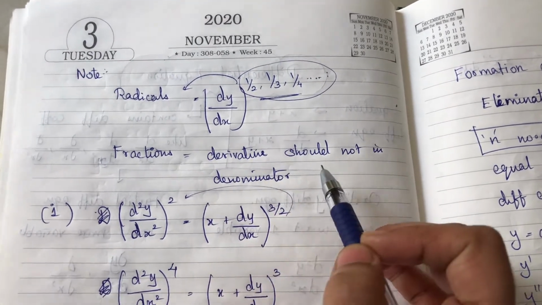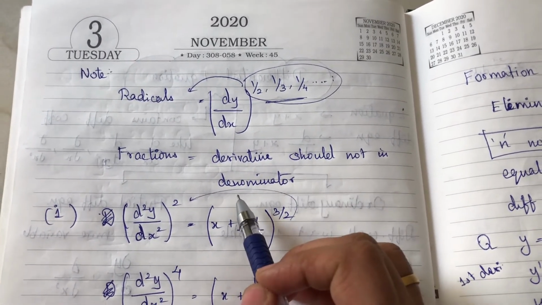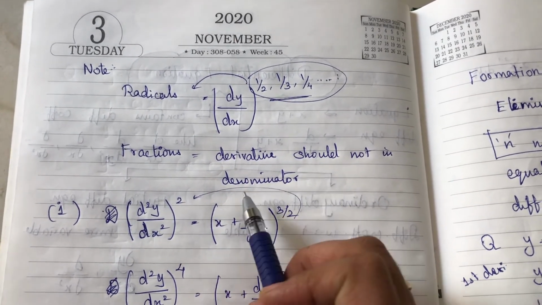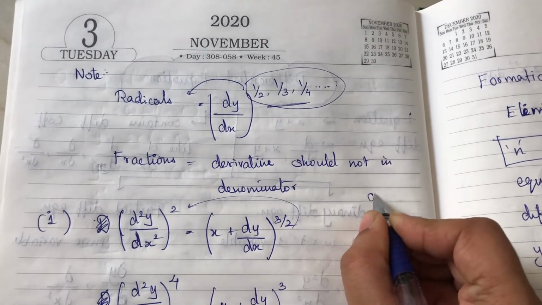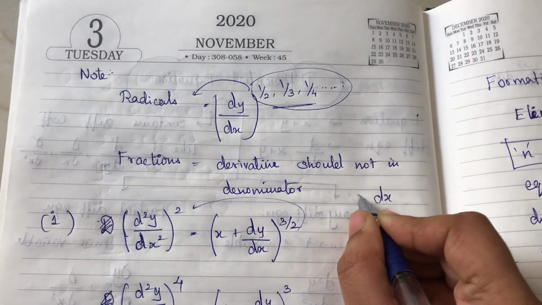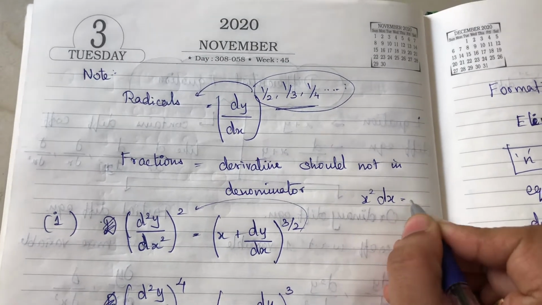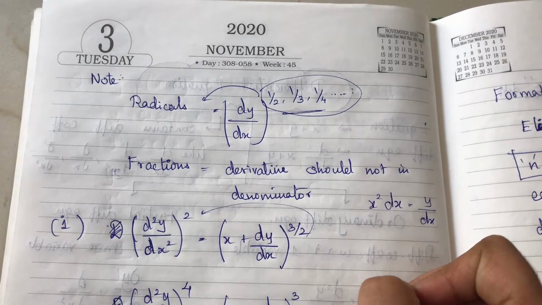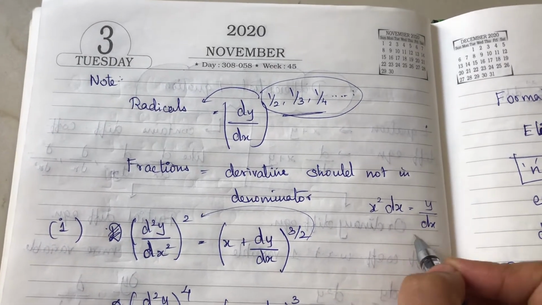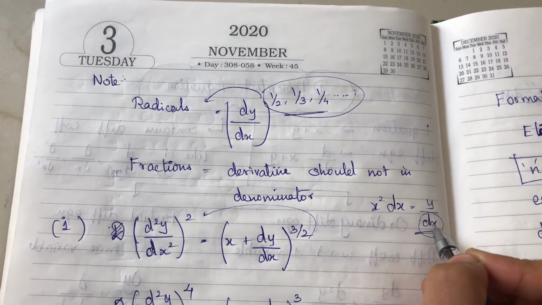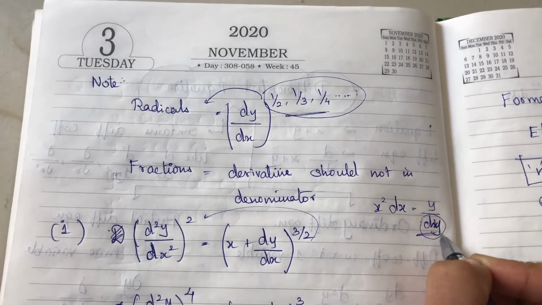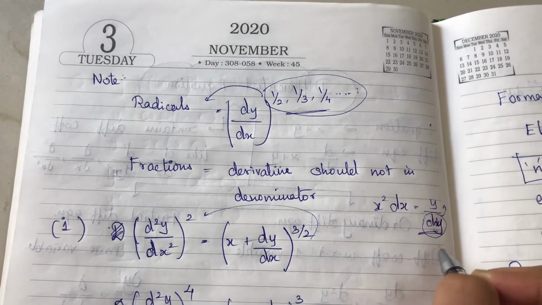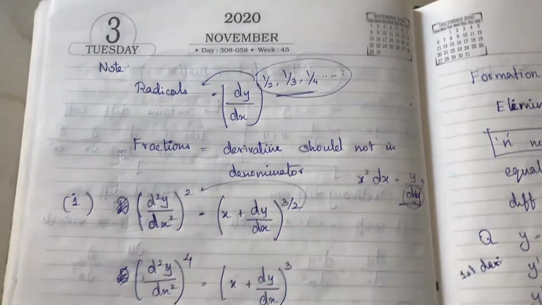Fractions means the derivative should not be in the denominator. For example, if it is x square which is equal to y by dx, okay, we need to convert this denominator, dy, to the upper side. So the derivative should not be in the denominator, that is called fractions.